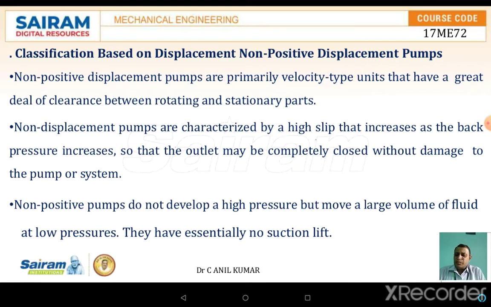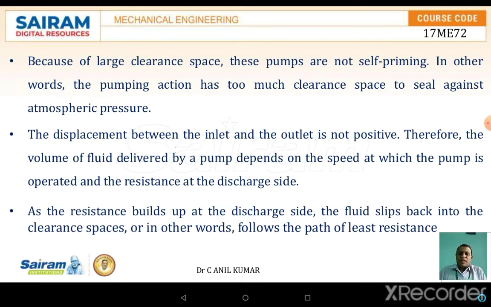The non-positive pumps do not develop a high pressure but move a large volume of fluid at low pressures. Because of the large clearance space, these pumps are not self-priming. In other words, the priming action has too much clearance space to seal against the atmospheric pressure.